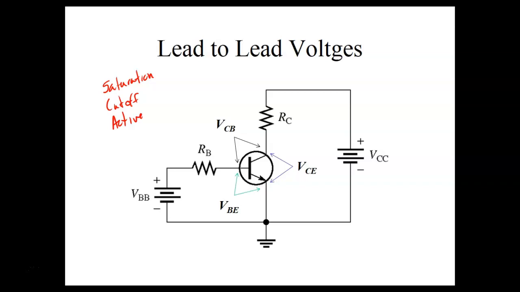So which one would y'all think? I'm fixing to start calling names. Which one would you think, Jenna? No, what I'm trying to do is figure out which measurement I'm going to make over here to determine which region. I can either make a measurement between the collector and base, or base to emitter, or the collector to emitter.